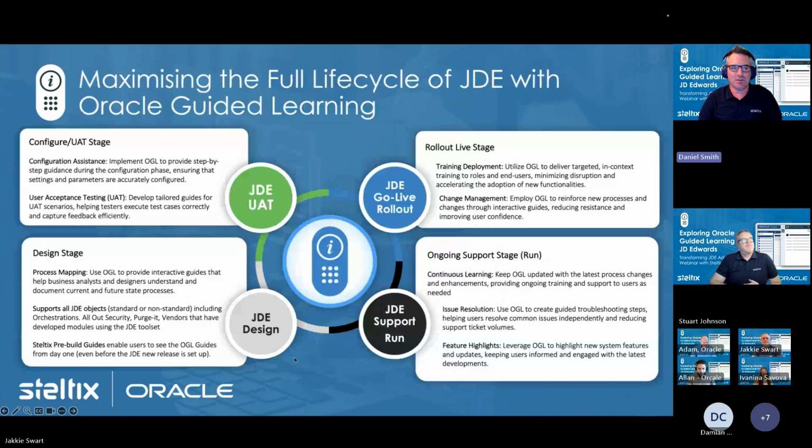So where would you use OGL for JDE? And really, it depends on where you're at with your life cycle of your implementation. So we have organisations that are rolling out JDE greenfields. So before JDE is provisioned, they'll have access to our pre-built content. They can start to train their project team. They can see what standard JDE looks like from day one or day -1. So as part of the design phase, a lot of organisations will leverage OGL for JDE if they're doing an upgrade, either a tools upgrade or an apps upgrade.